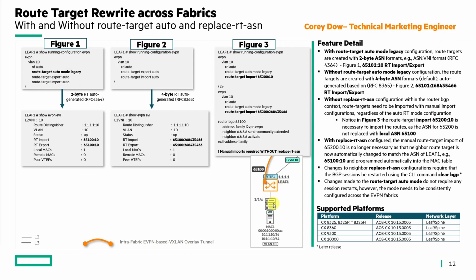We've configured the auto mode legacy command under the EVPN context, and this auto generates the 2-byte route target format based on RFC 4364, represented as ASN 65100:10. When you don't have auto mode legacy configured, which is the default, it generates the 4-byte format. As you can see, it has the same ASN number, but there's a 4-byte representation for the suffix.